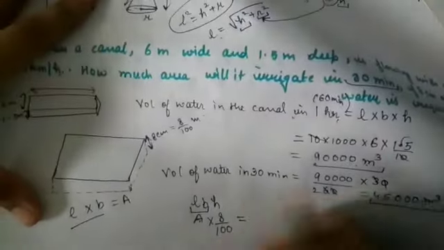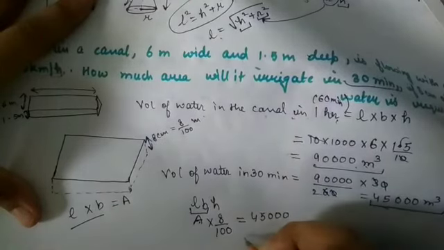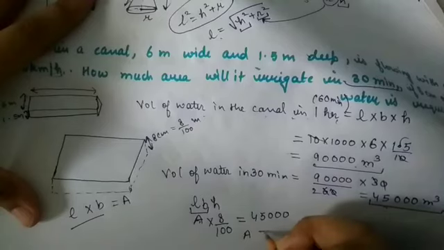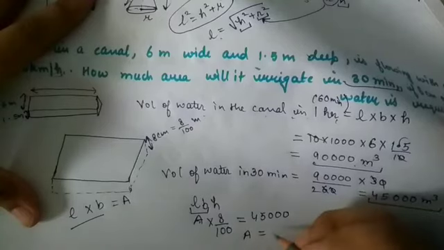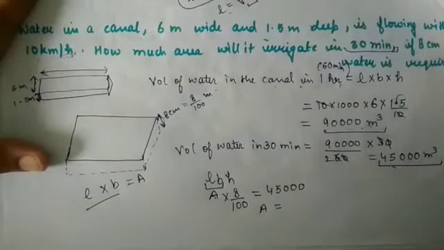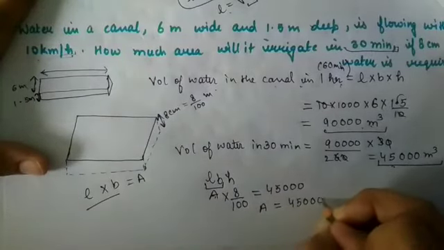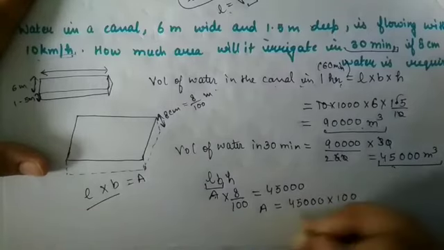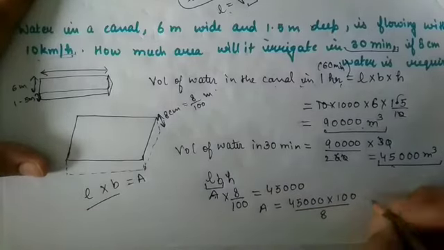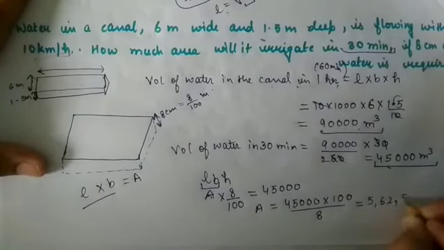So this is equal to 45,000. Now from here you will get the value of A, that is area irrigated in 30 minutes. So A is equal to 45000 into 100 upon 8, and that is equal to 5,62,500 meter square.